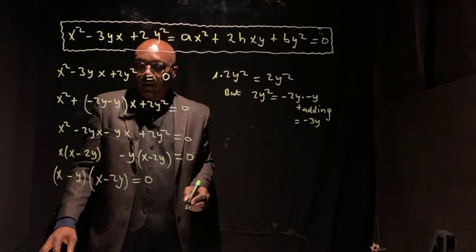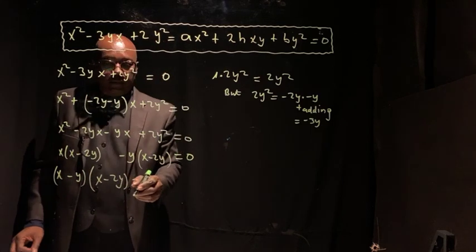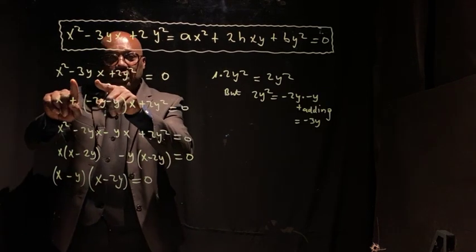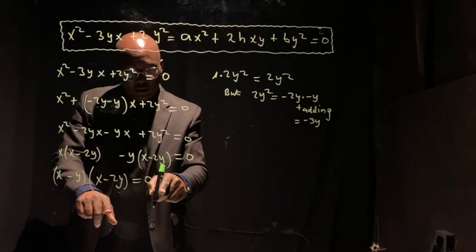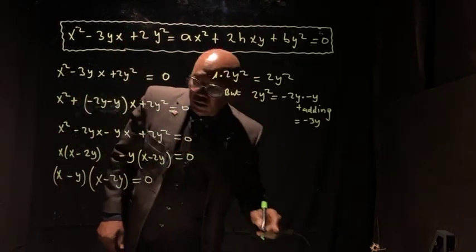Good. Which indicates that this equation that we see there is the same as this equation. There's enough space.